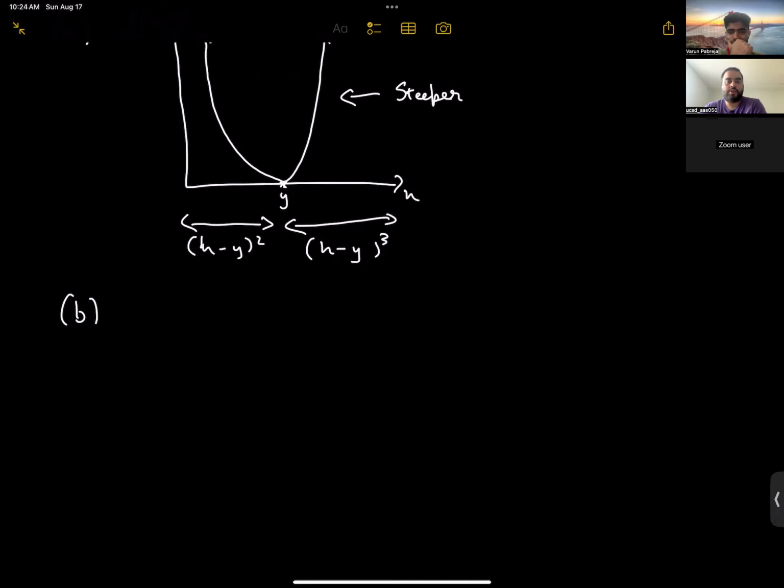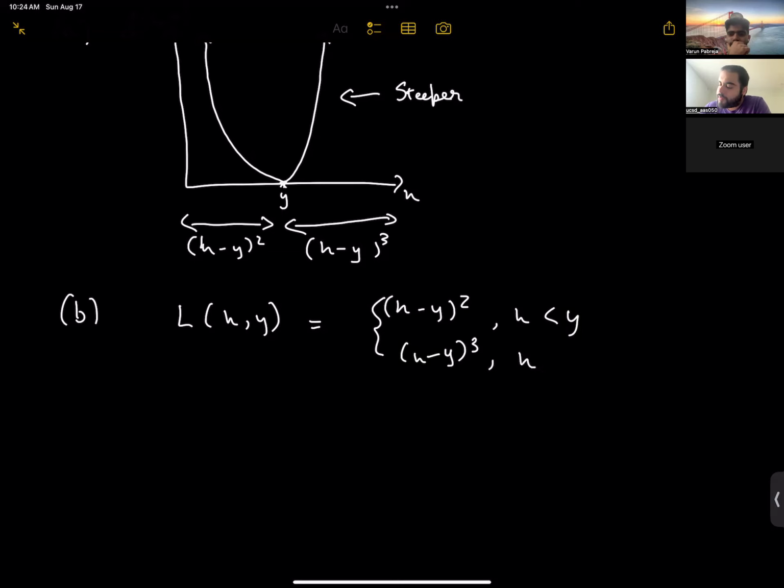Okay, so for any problem like this, to get to the point where we can make the next prediction, we must first calculate the derivative of the risk. We know our loss function is a piecewise function where we have (h minus y) squared for h less than y and (h minus y) cubed for h greater than or equal to y, right?